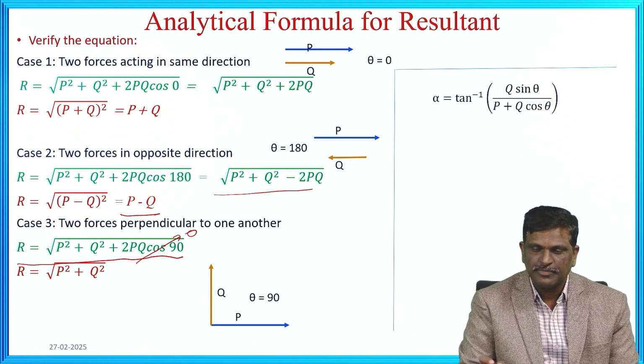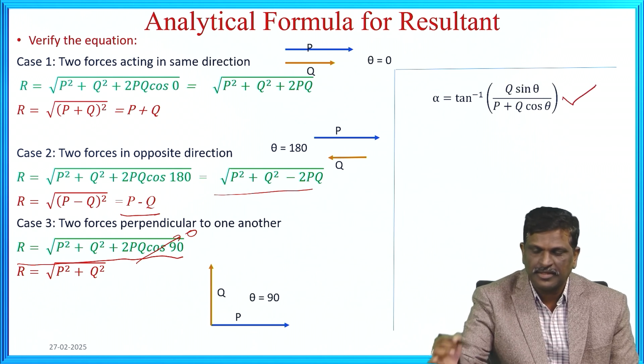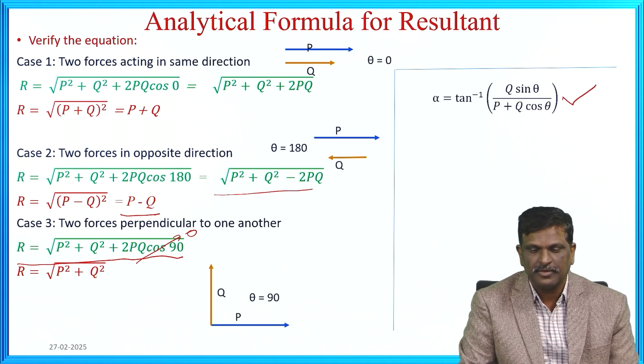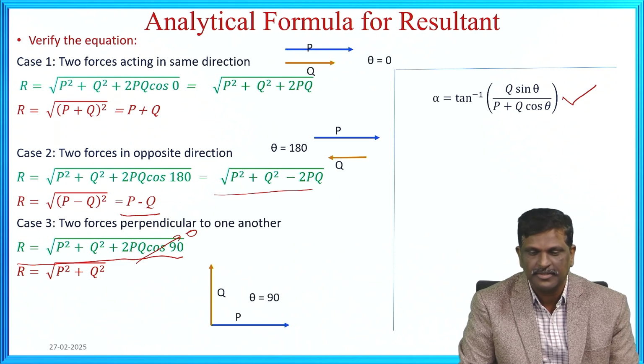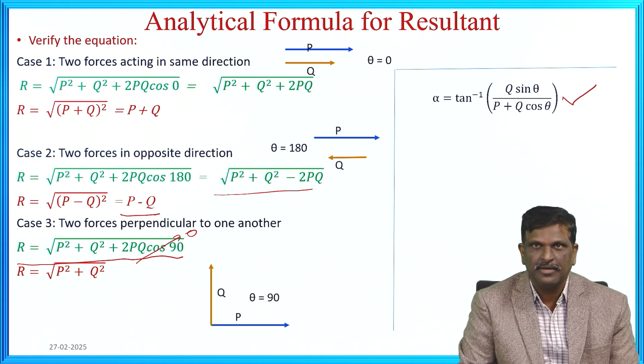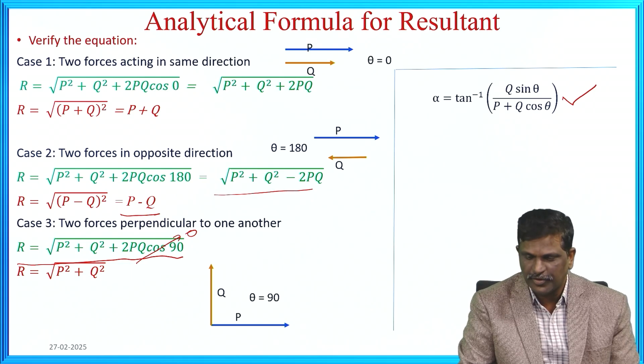The expression for finding the direction of the resultant, or the angle made by the resultant with one of the forces, is alpha equal to tan inverse Q sin theta by P plus Q cos theta. In this case, theta is equal to 90 degrees. Substitute angle 90 degrees in this equation.